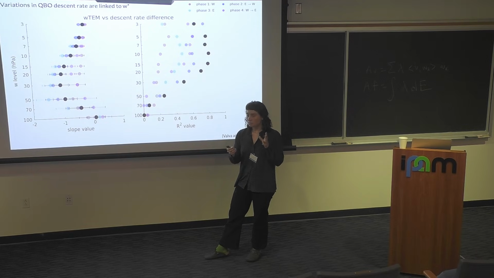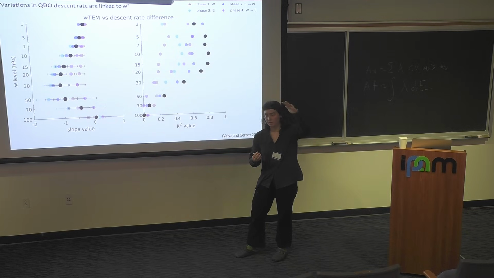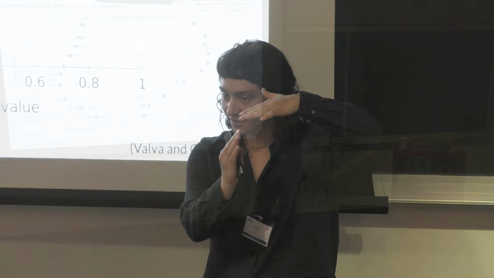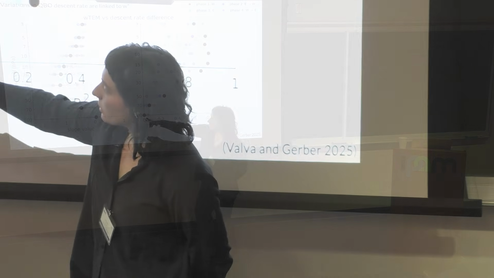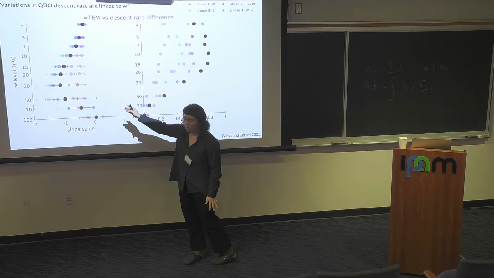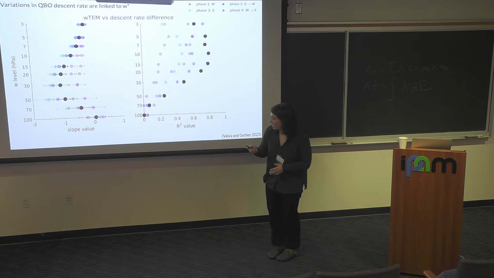This goes with a very naive but not incorrect assumption that if we have something descending and an equal increase in wind going up, this will slow down. At about 30 hPa, we do get the slope of 1. This naive picture actually works pretty well.